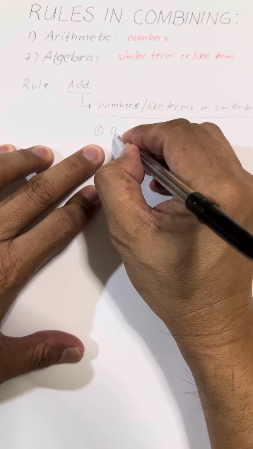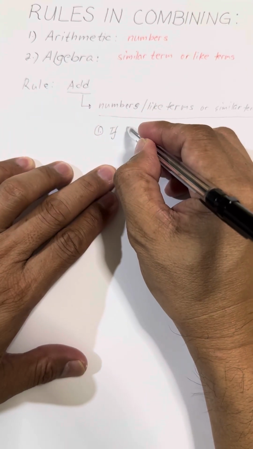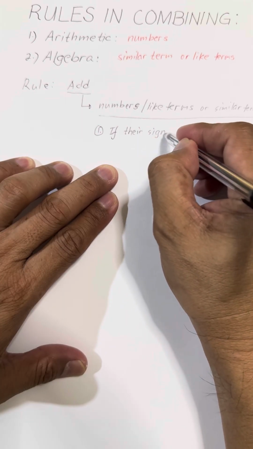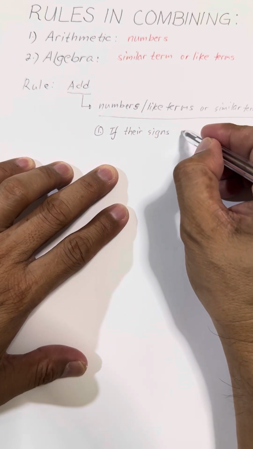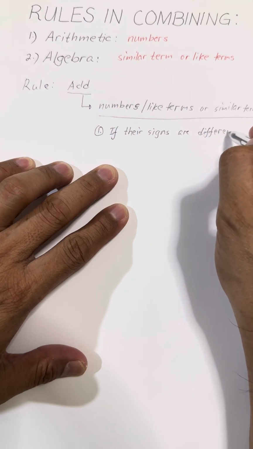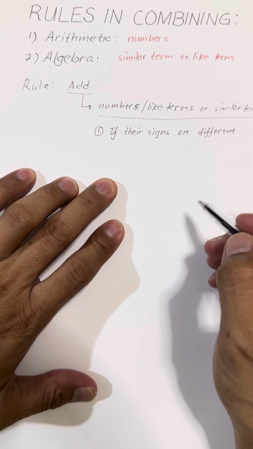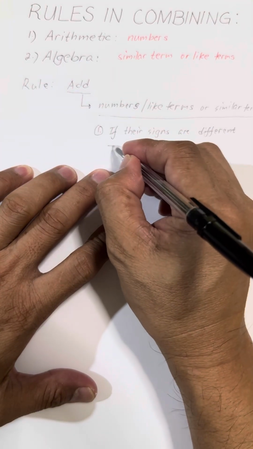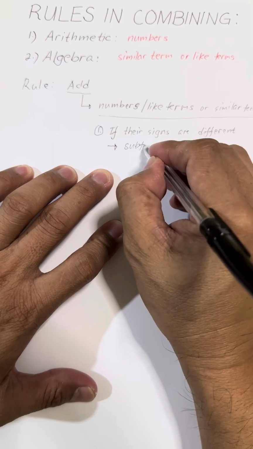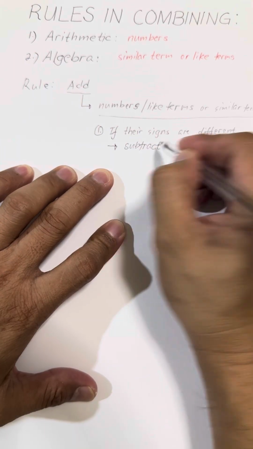If their signs are different, what will you do? You subtract. That's the rule: you subtract.